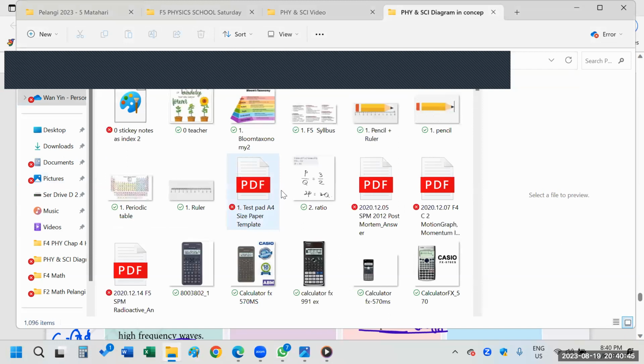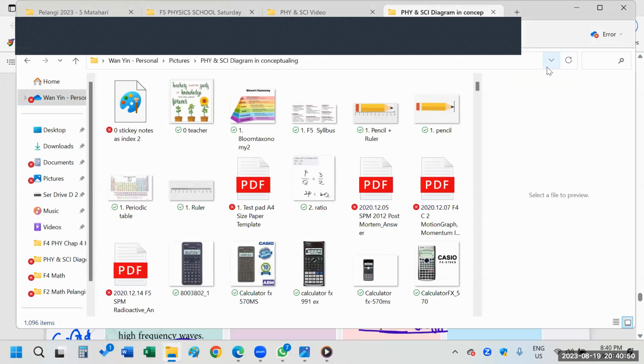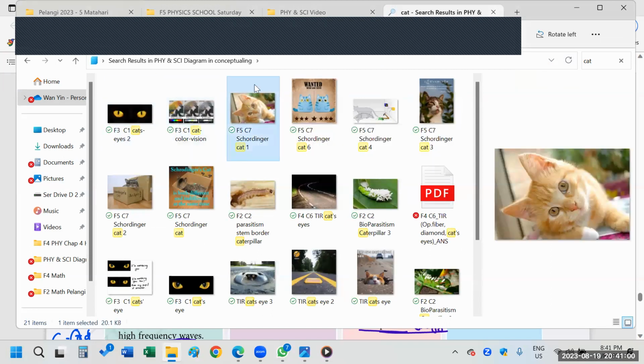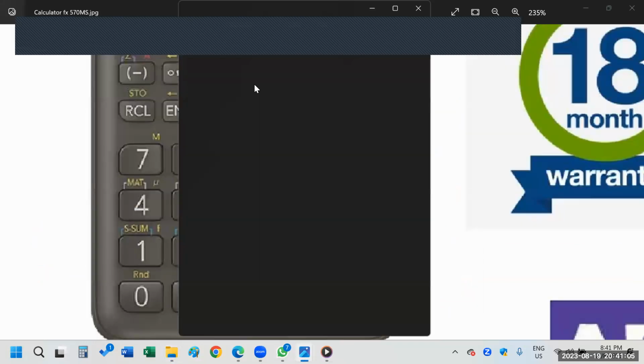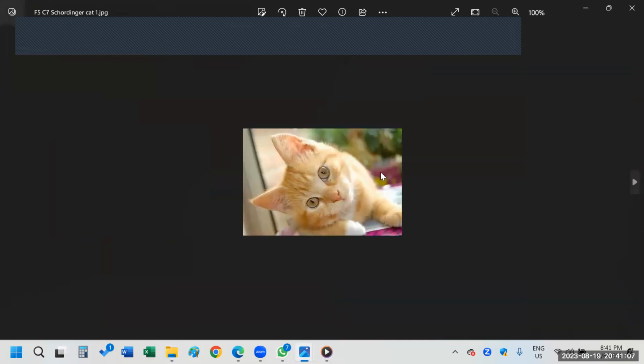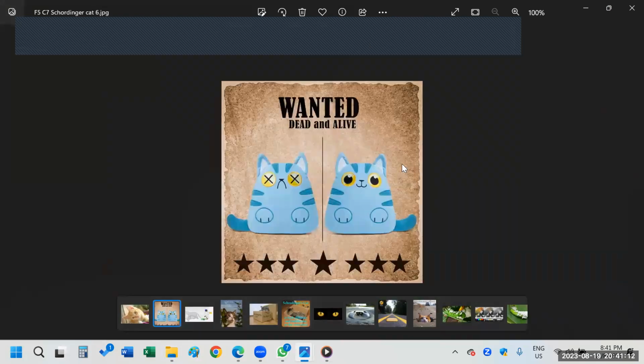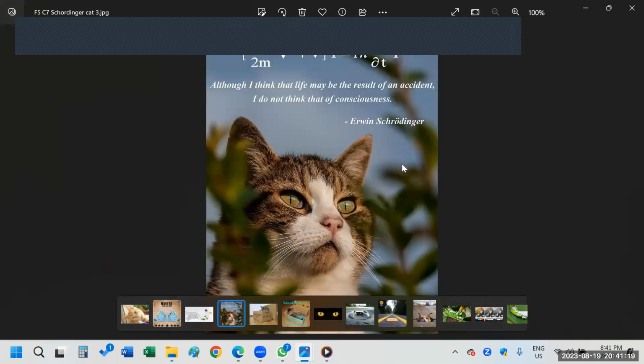Yeah, they like cats like me. Last time they also bred cats inside the lab so they could control the rats. See, meow. Okay, so this is the famous experiment, just an imaginary experiment.